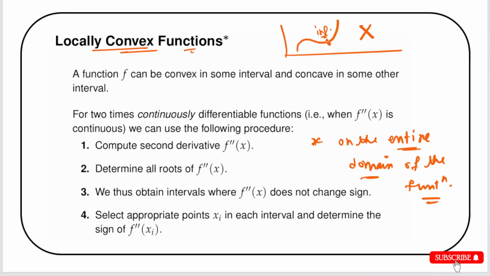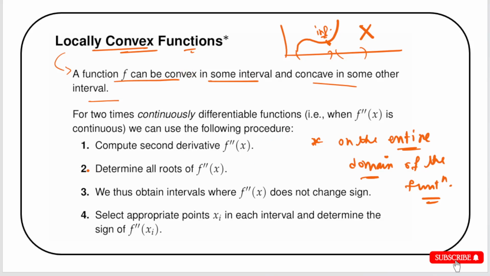So that point will be given by the inflection point, but you can find out in which range it is concave and in which range it is convex. So locally convex, just like locally monotonic functions, we will see that it can be convex in some interval, and concave in some other interval, and that will be locally convex.